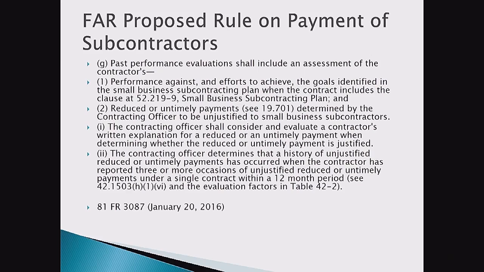Basically the idea is that if you're paying your subcontractors 90 days late, and it's unjust or untimely, there's a way for us to consider that in evaluating the large prime contractors' past performance, basically as you rate them. This just implements what we did based on the Jobs Act of 2010.